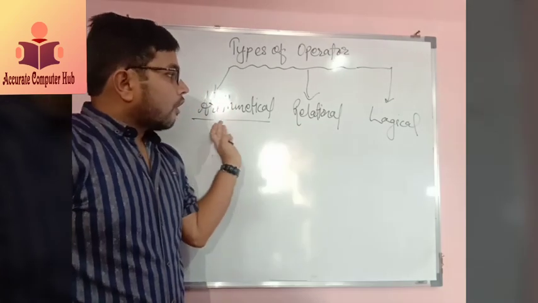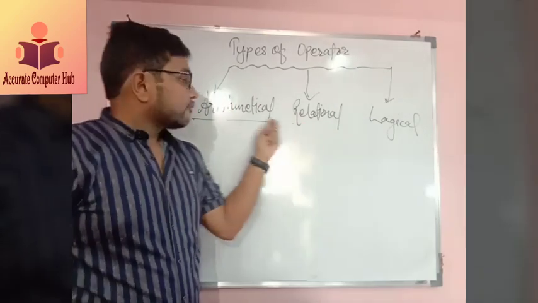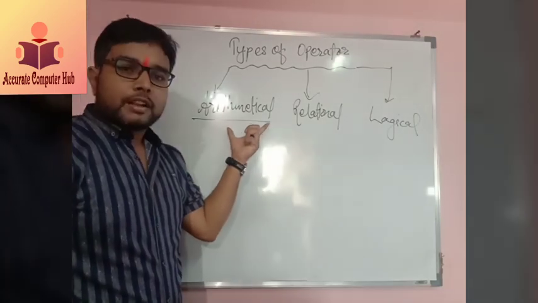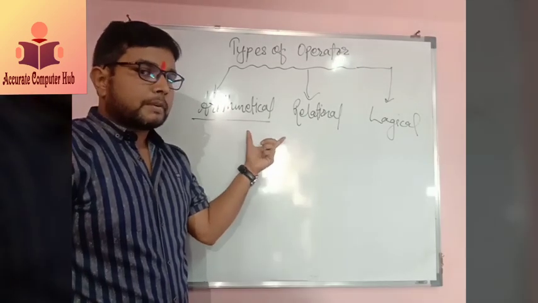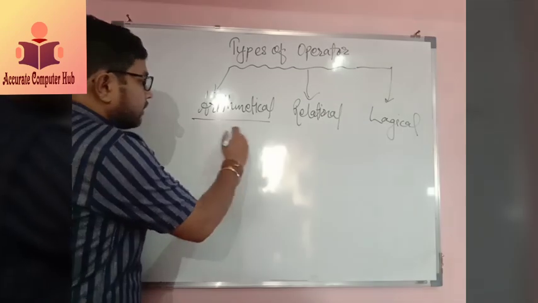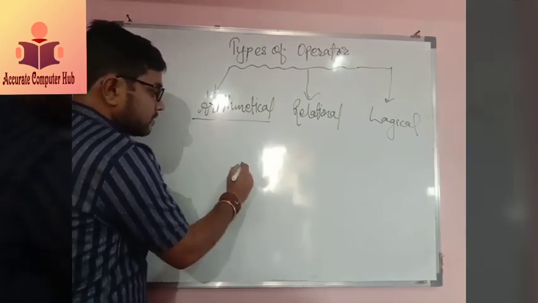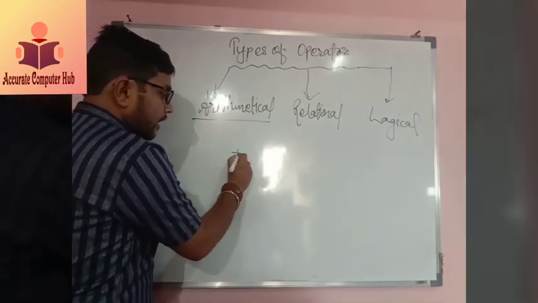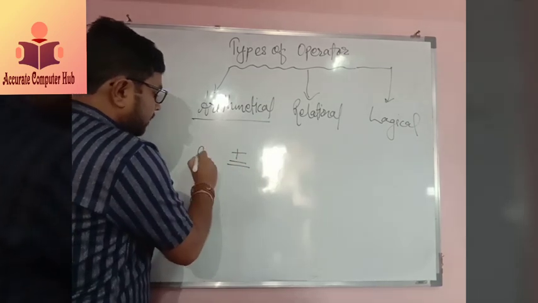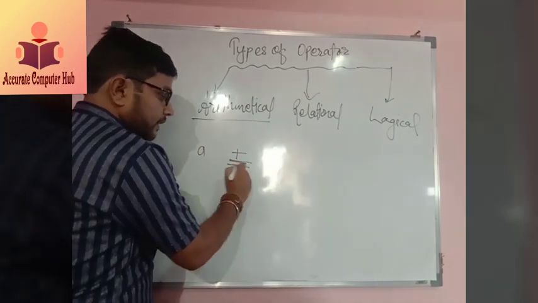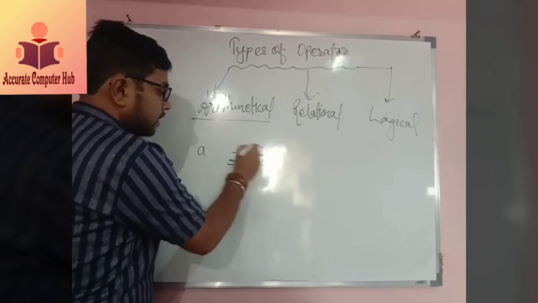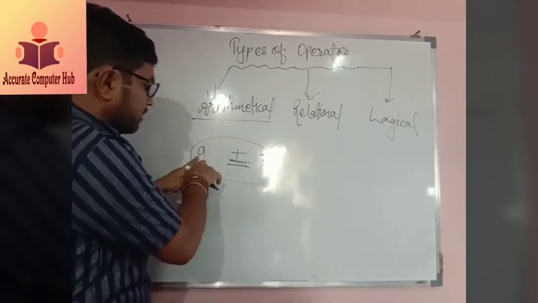Now we have to learn all about these in detail. First we learn about the arithmetical operator. We have already learned that an expression is the combination of variable, which can be a, operator and constant; 3 is a constant.